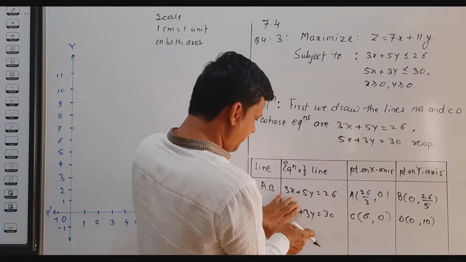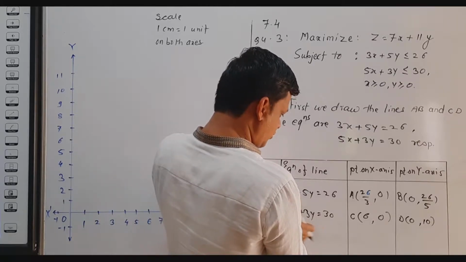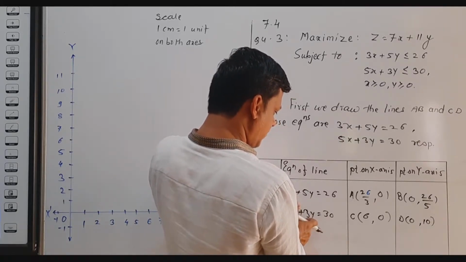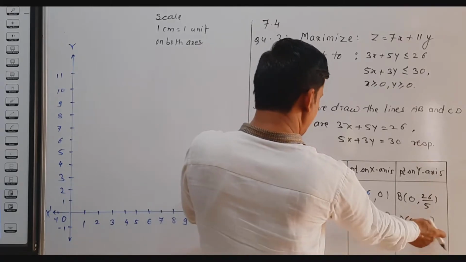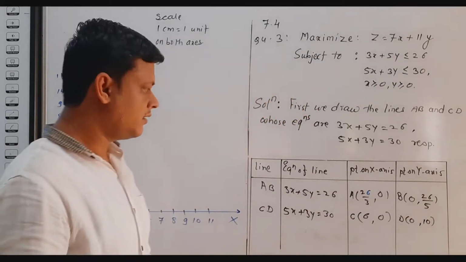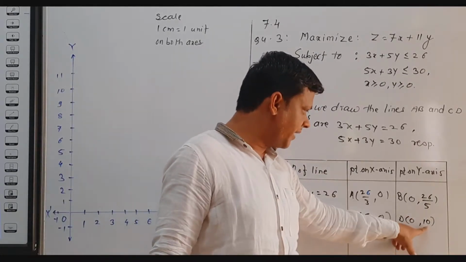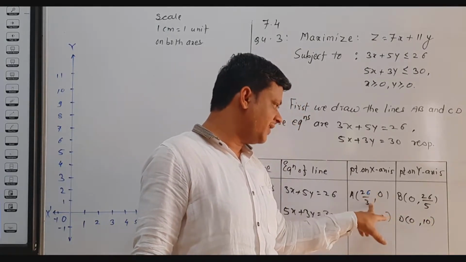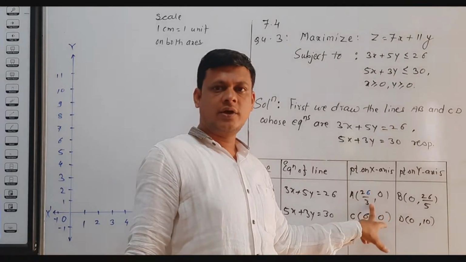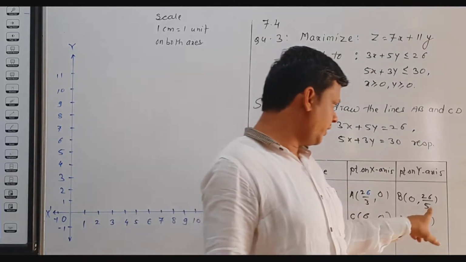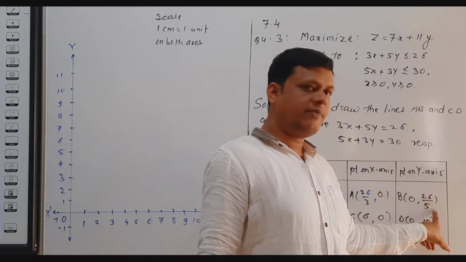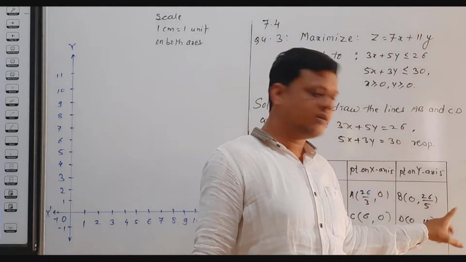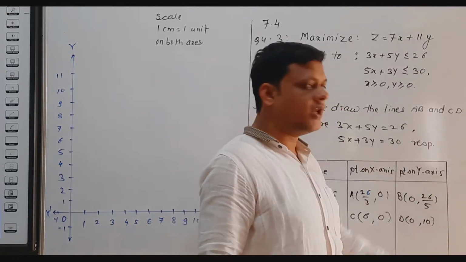Similarly, when we substitute x equals 0 in the second equation, we get 3y equals 30, that means y equals 10. If you observe, the maximum value is 10, because when we divide 26 by 3 we get 8 point something, and when we divide 26 by 5 we get 5 point something. That means the maximum value here is 10.